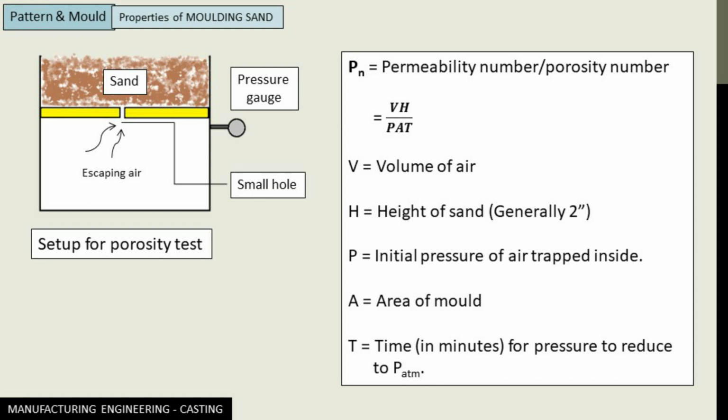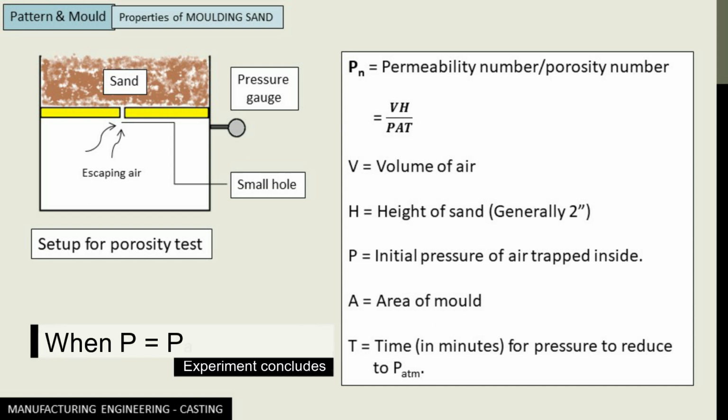At a certain point, the pressure gauge, which is in turn monitoring the pressure of the gas or the air entrapped inside the flask, shows the pressure as similar to the atmospheric pressure, and the experiment is over.